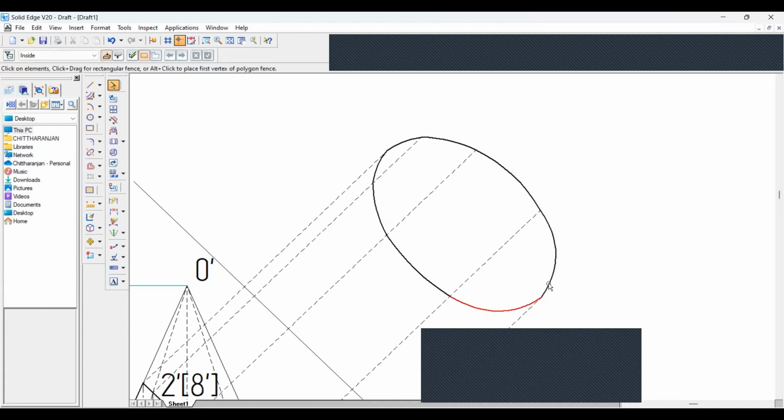This joint should be in a curved position, so I'm adjusting that. And here also.